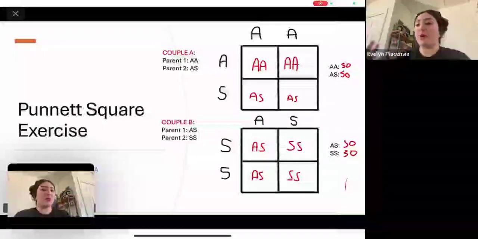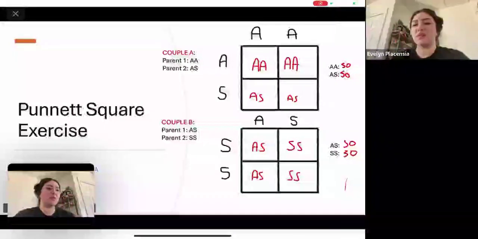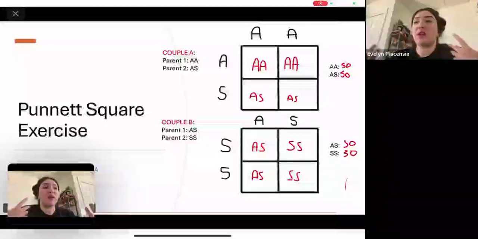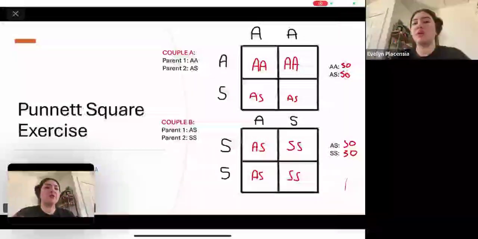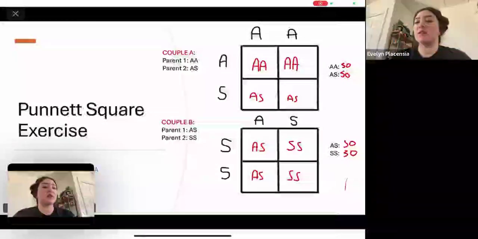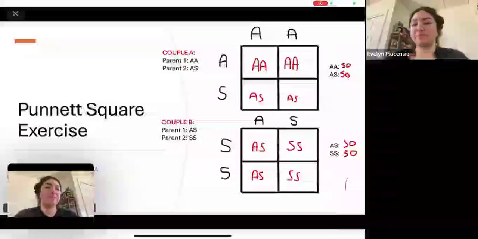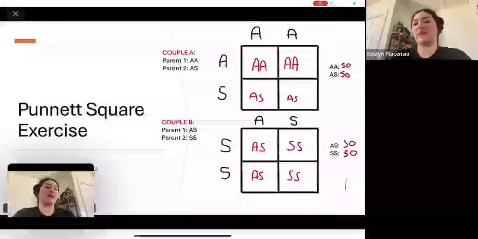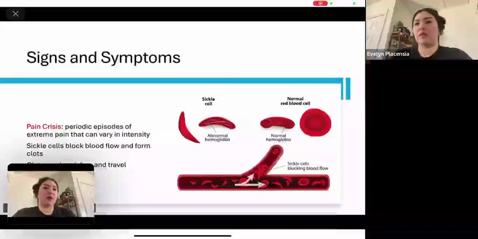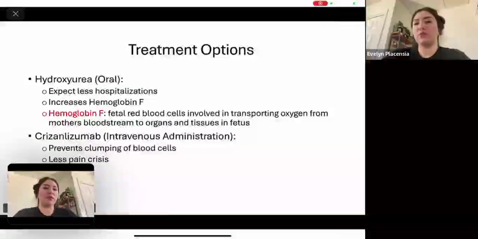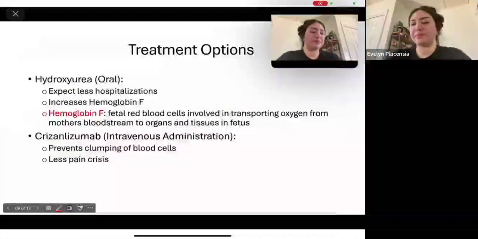You want to do that if you're aware that there's a disorder, illness, or disease that runs in the family. You might think, hey, I want to know what the odds are of my child developing this disease or disorder. And being informed of your situation is never a bad thing. Okay, so let's move on to treatment options.